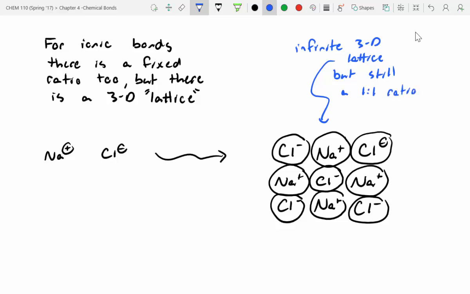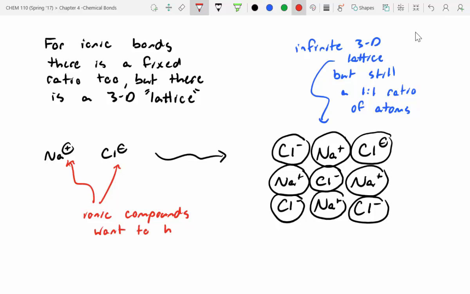Does anybody know? Yeah, absolutely. So if we look at this, ionic compounds want to cancel out each other's charges.